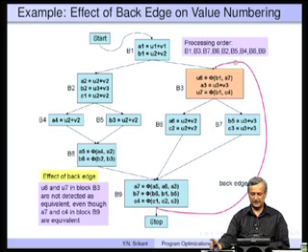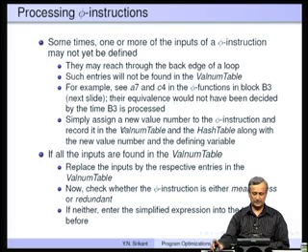Because of this back edge, A7 and C4 will be treated as distinct, and therefore U6 and U7 will be entered into the hash table as if they are two different phi functions which are not equivalent to each other. So, simply assign a new value number to the phi instruction and record it in the val num table and the hash table along with the new value number and the defining variable. That is what we do.